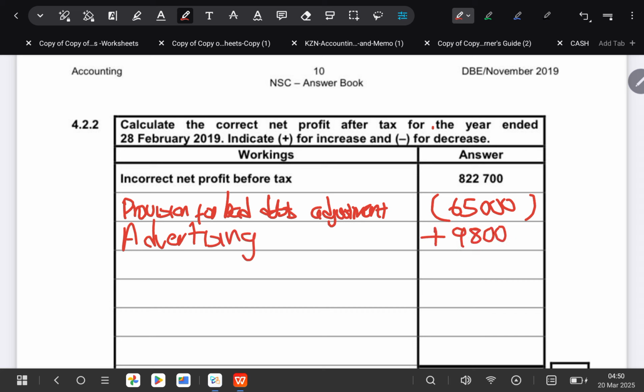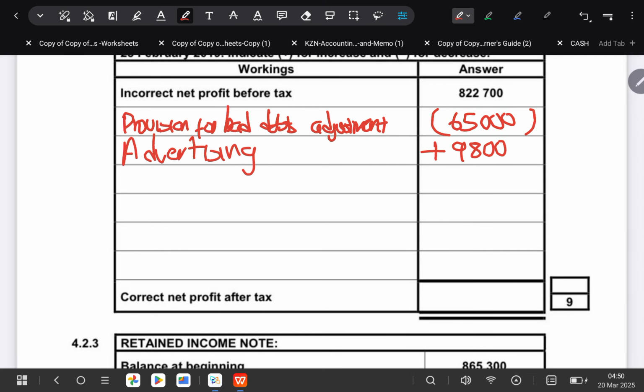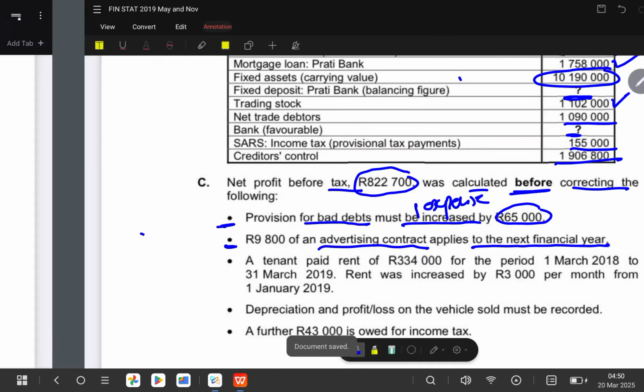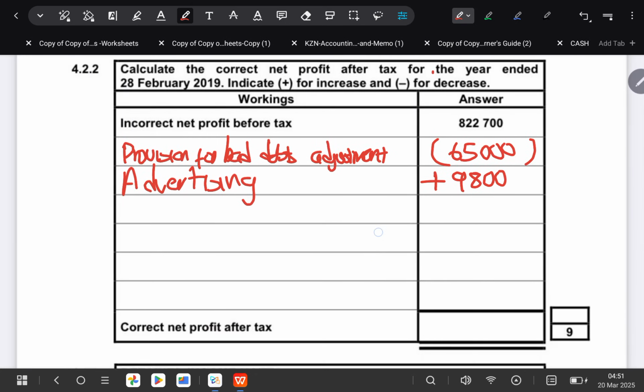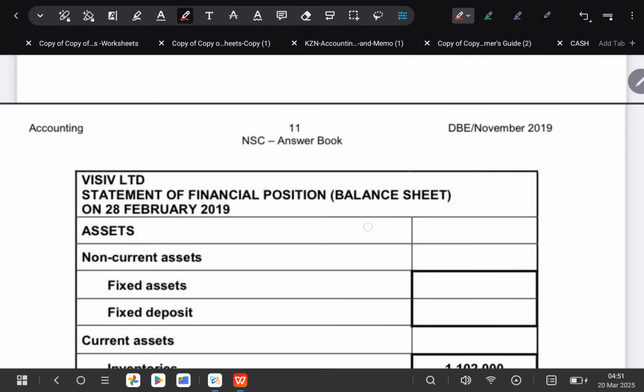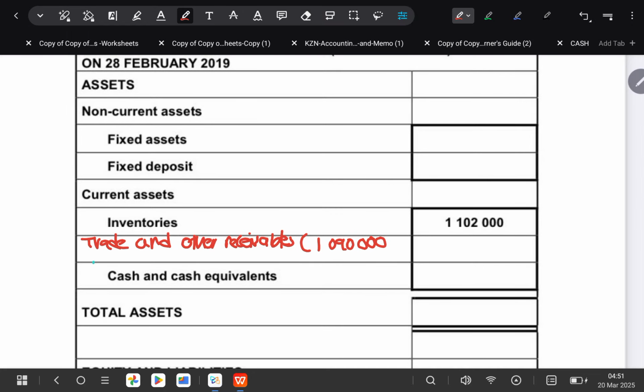In other words, this will be a prepaid expense. A prepaid expense will increase your net profit by that particular amount. And also, because it is a prepaid expense, we need to go and edit our trade and other receivables in the balance sheet. So in the trade and other receivables, we are going to say plus 9,800 because you paid ahead.